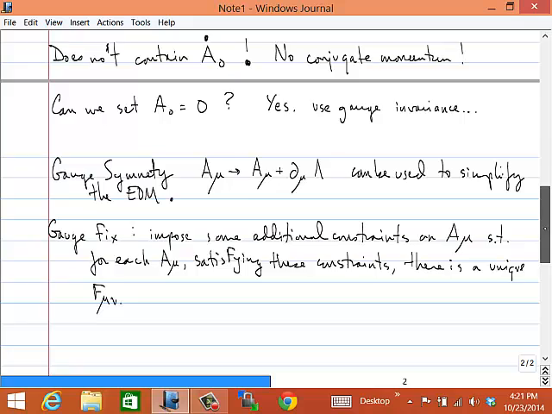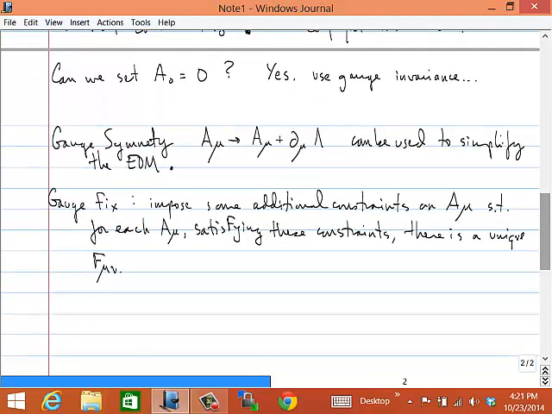In particular, what we want to do is remove all of the ambiguity in A mu that arises because of this gauge symmetry. So let me give you a very simple example. This is not actually the sort of gauge fixing that we'll be doing typically in this course, but it's the simplest example of gauge fixing that one can understand.